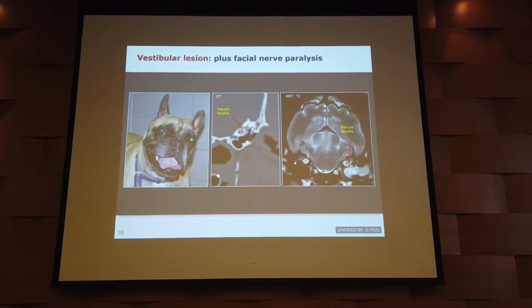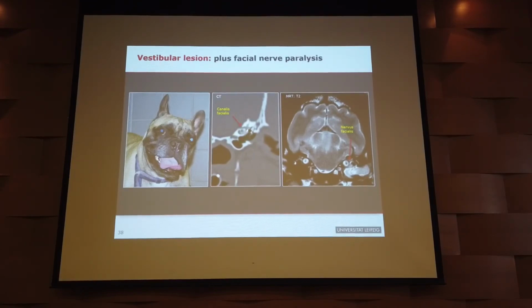Here we have cerebrospinal fluid on the top. That's why it's a T2 weighted image. Fluid is white. And what we can see on this side, this radiolucent line here, that's the facial canal. We do not really see the facial nerve on CT images, but here is the facial canal, here is the inner ear, here is the middle ear.